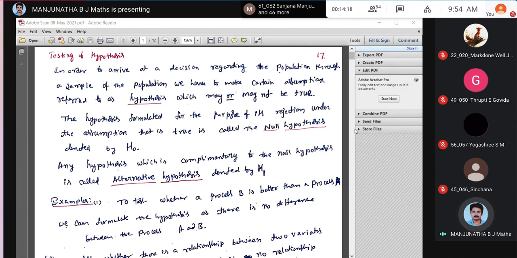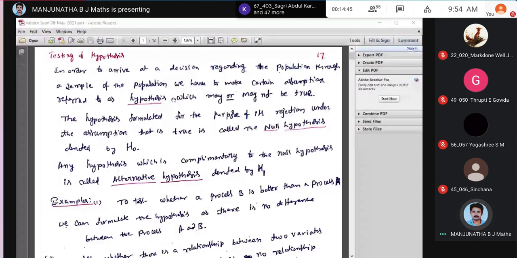In order to arrive at a decision regarding the population through a sample of the population, we have to make an assumption that is referred to as hypothesis, which may or may not be true. Again, there is the null hypothesis, and we are looking for its complement, the alternative hypothesis.